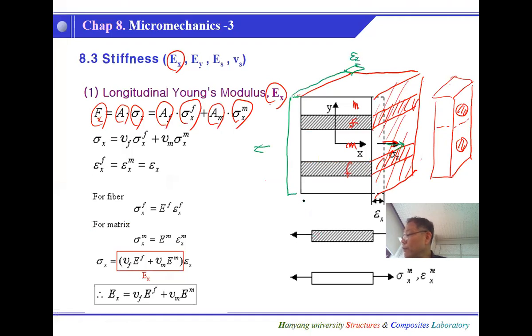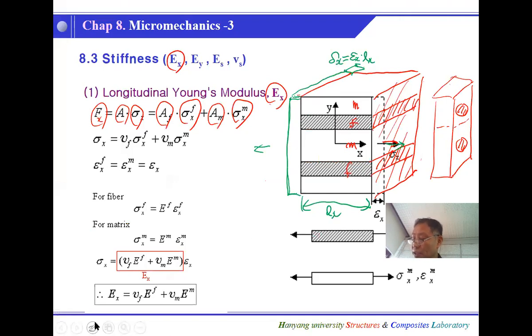Of course, if we consider this length, Lx, we have to multiply by Lx. That is the delta X. But the point is that the strain is pretty much uniform within fiber and resin. It doesn't matter, the EX is uniform.